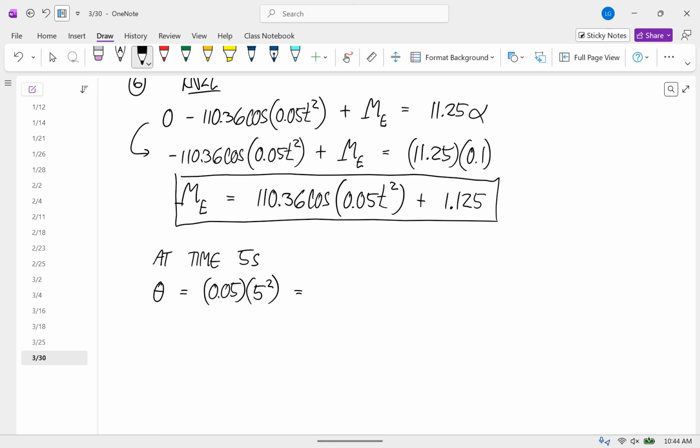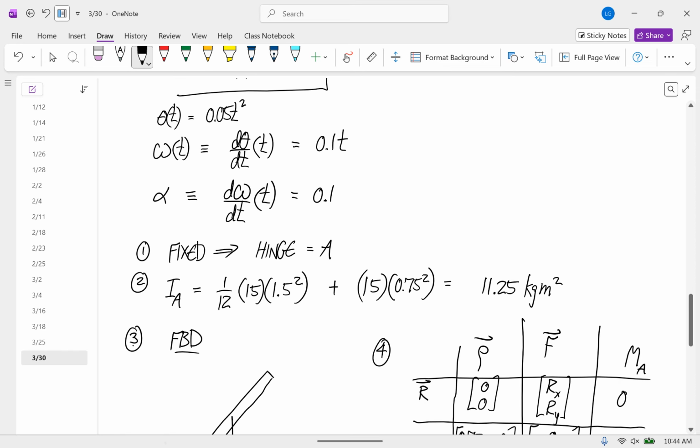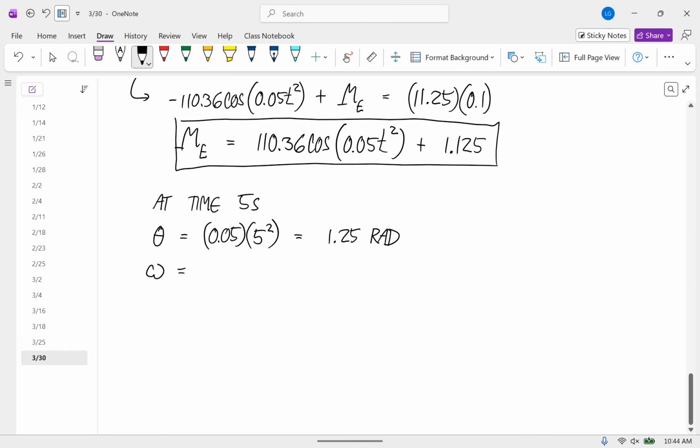So that is 5/4, I think. And then omega is 0.1 times 5. So that's 0.5 radians per second.